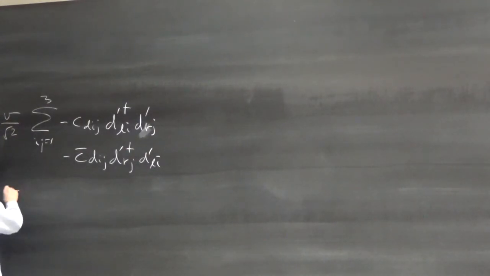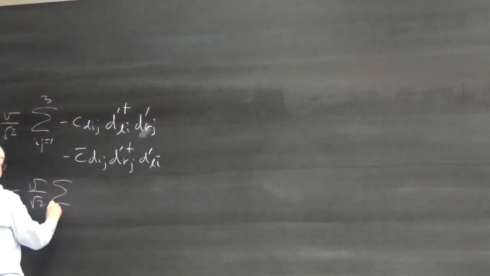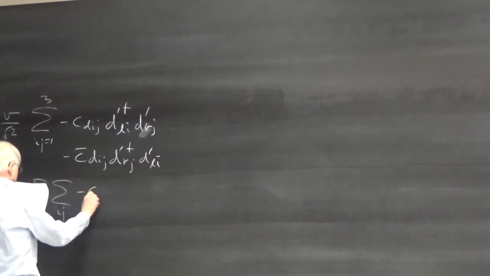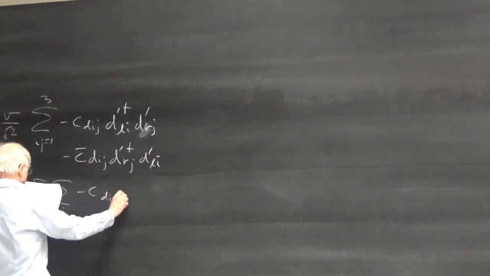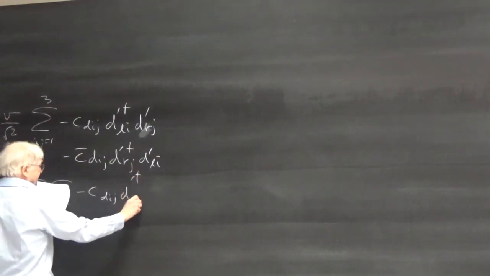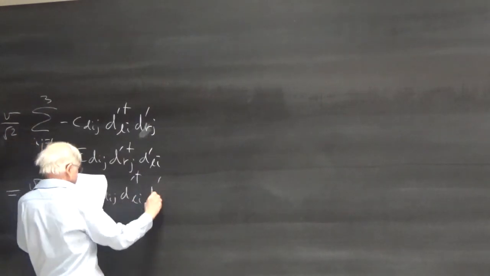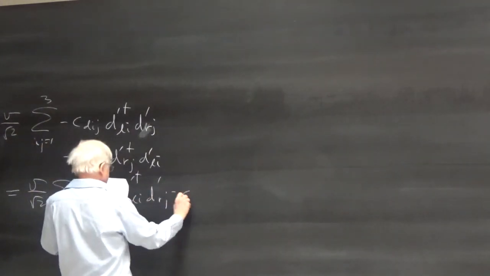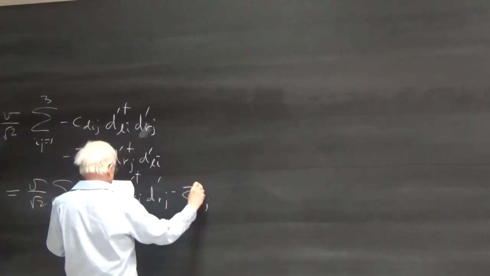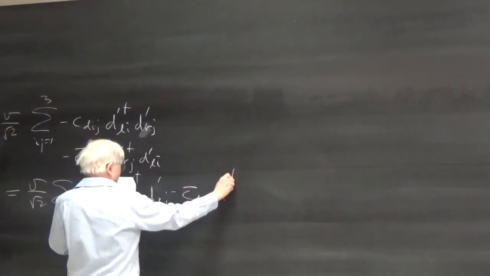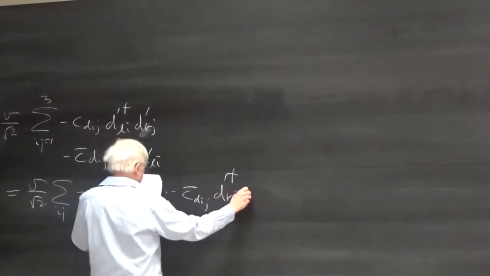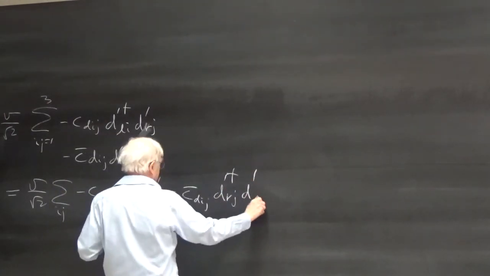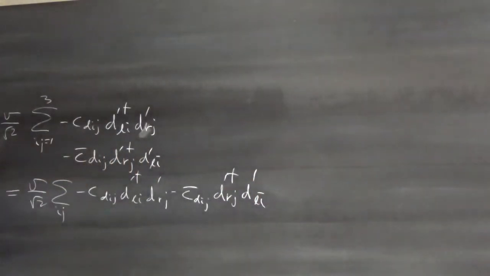And we can rewrite that as, again, the sum over i and j, minus C D ij, D prime dagger left i, D prime right j, minus C D ij bar, D prime dagger right j, D prime left i. I'm actually having a little trouble seeing what the difference is. Is that just the same equation written twice?